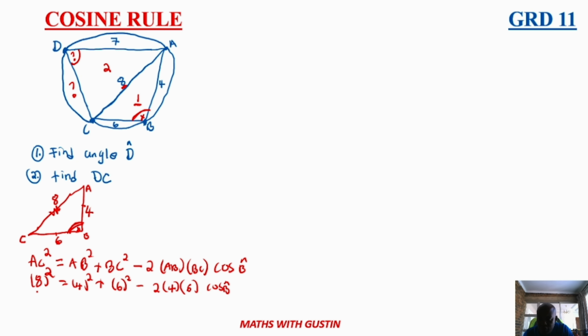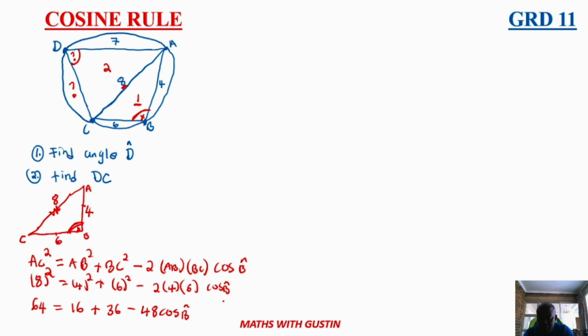If I simplify, 8 squared is 64, 4 squared is 16, 6 squared is 36, minus 2 times 6 is 12, 12 times 4 gives me 48 cos B. Not beta, it looks like beta, this is cos angle B. That's what we're looking for.